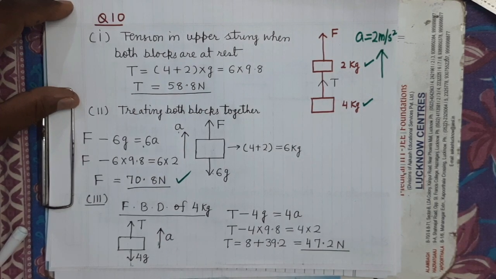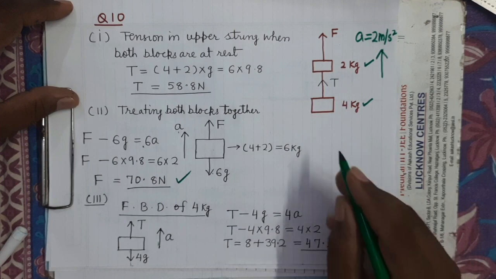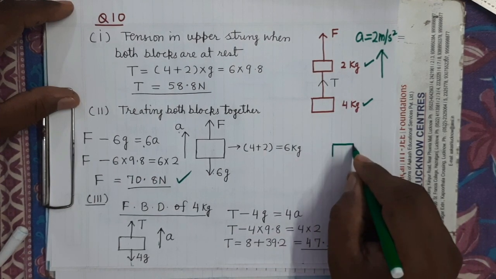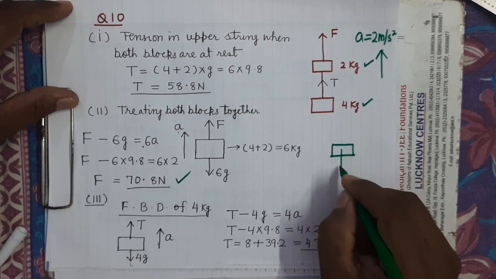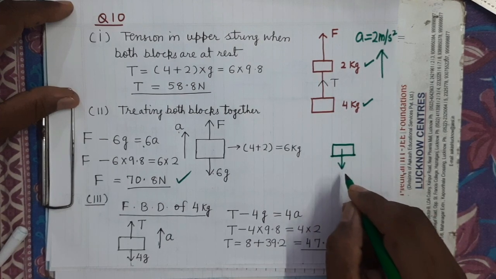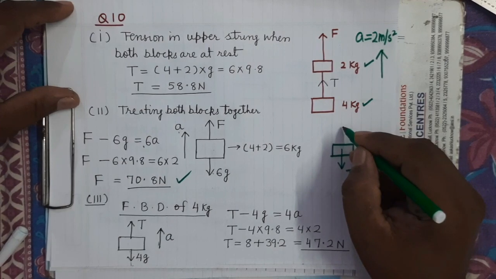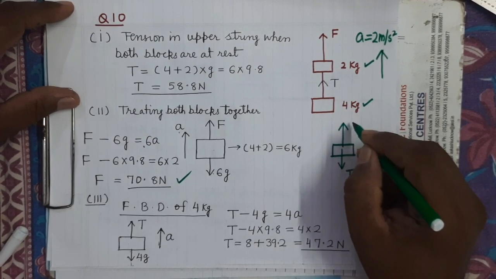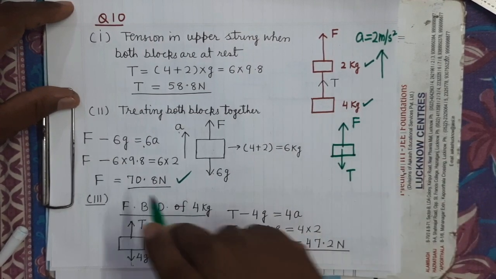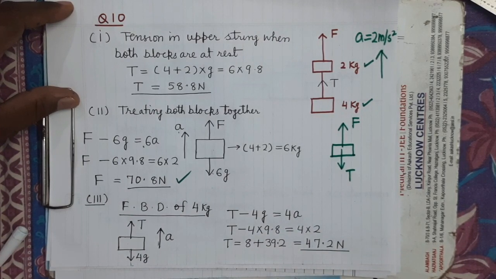If we determine T by drawing the free body diagram of the 2 kg block, you can see here 2g is acting downward, T is acting downward, it's clear, and F is acting upward. F you have already determined.